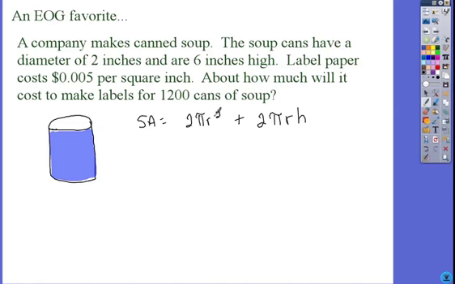Remember, this part dealt with covering up these two circles. Well, if I'm looking at the label on a soup can, I don't care about those because I don't have a label on that part. I'm only going to deal with the rectangular face of the cylinder. So in soup label problems or labels on some other kind of cylindrical thing, it's only going to deal with the rectangle part.